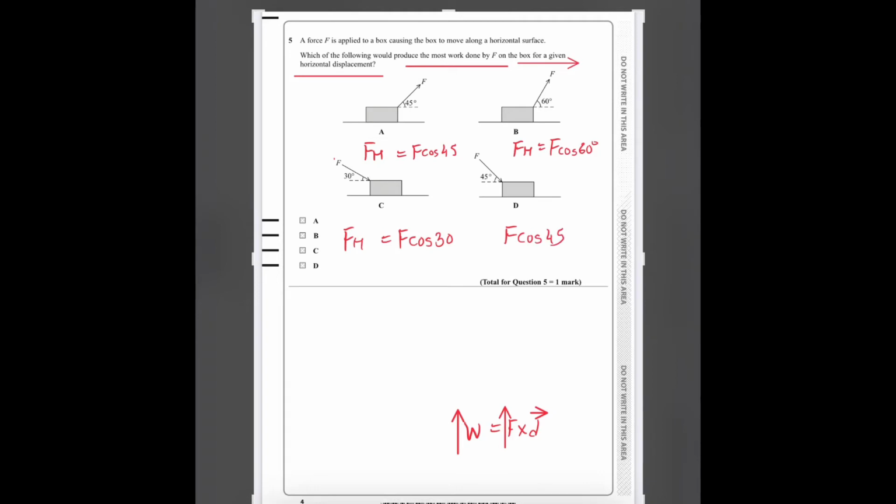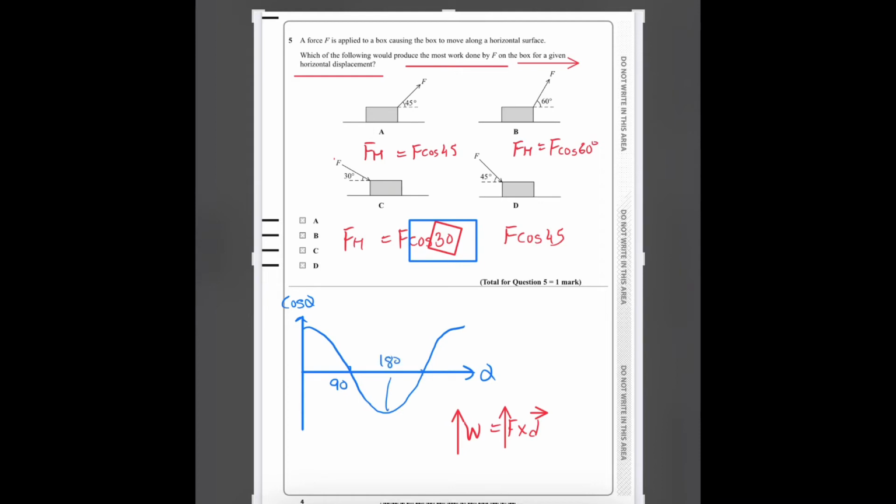So let us see how the value of theta, this value 30, causes a change in the value of cos 30. So when the value of theta increases, let's see what happens. Let us just draw a graph of theta against cos theta. So we have the value of theta. When the value of theta is 90, cos theta is 0. So 90, 180, 270 and 360.